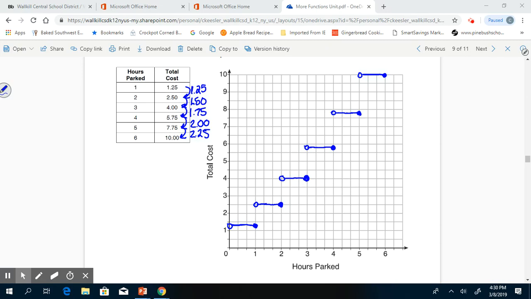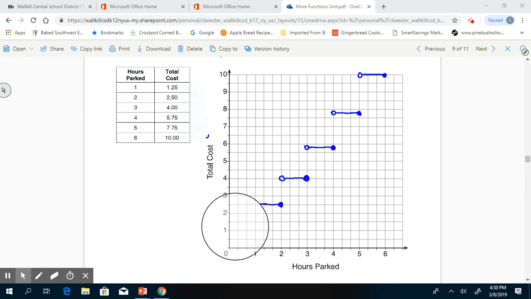So the first hour increases by $1.25. The second hour increases by 25 cents more than $1.25. The third hour increases by 25 cents more than $1.50, and so on. So being able to show the differences there would be important.